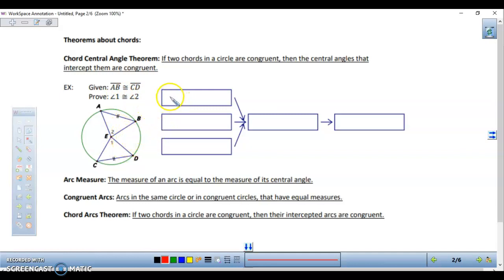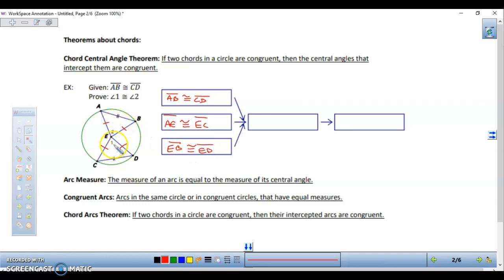I know from the given that AB is congruent to CD. I also know that in a circle all radii are congruent. That means AE is congruent to EC, all radii are congruent, and EB is congruent to ED.